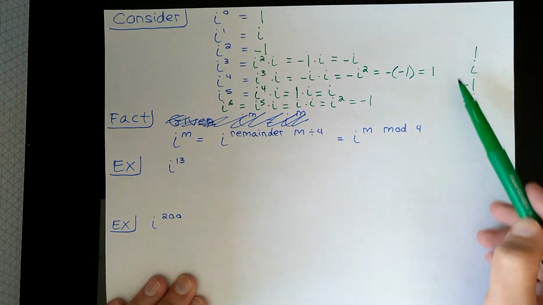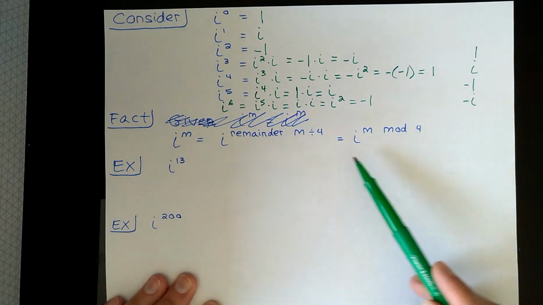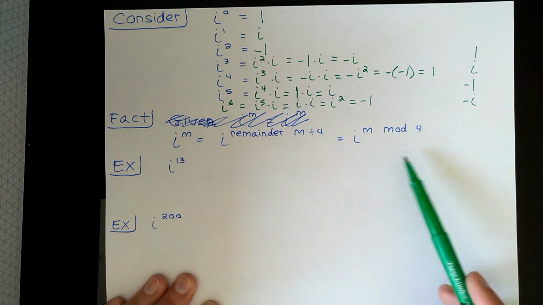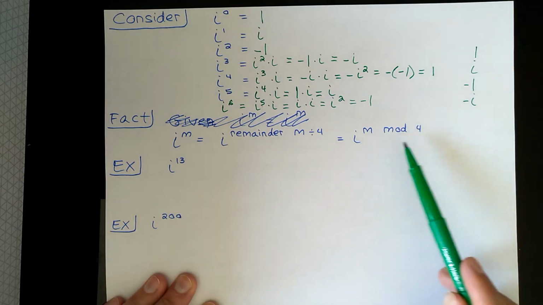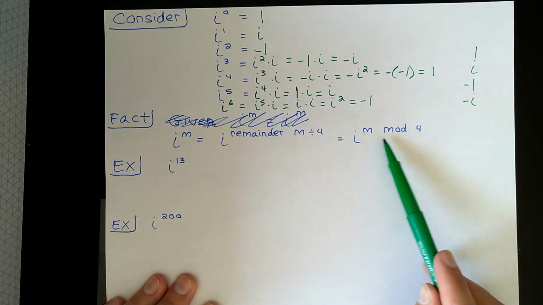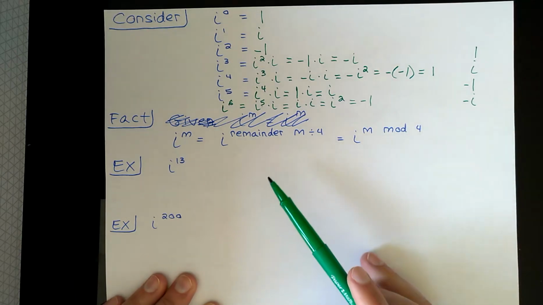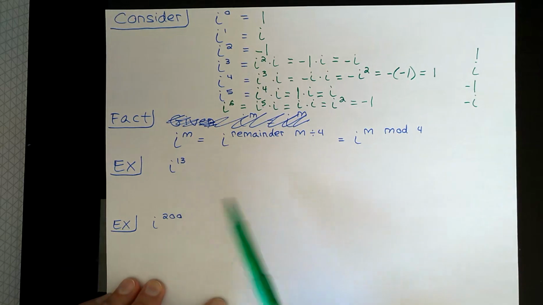And it will get you back to this original list of 4 possibilities. This is also technically written as i to the m mod 4. This is not something that you need to know, but if you've ever studied modular arithmetic, then this is really what's happening here.